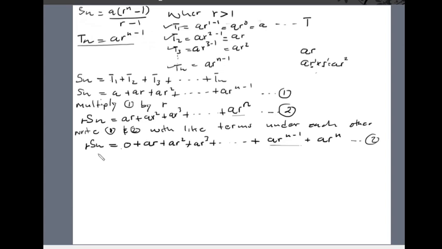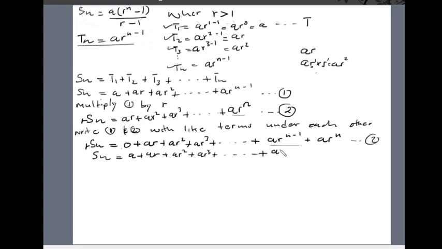And then I need to write equation 1 with the like terms under equation 2, right? So I'll have Sn is equals to a plus ar plus ar squared plus ar cubed plus all the way to, and then we know for Sn in equation 1 the last term is ar to the power n minus 1.